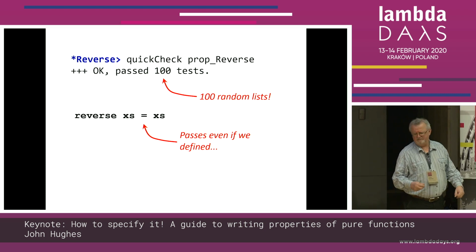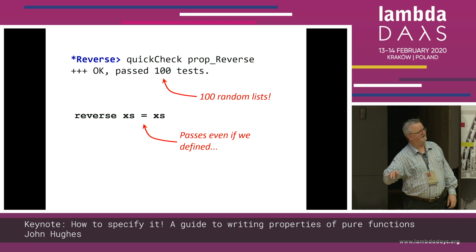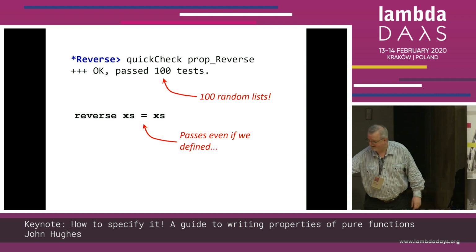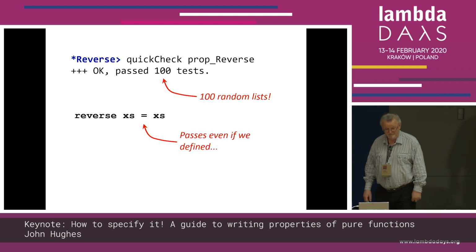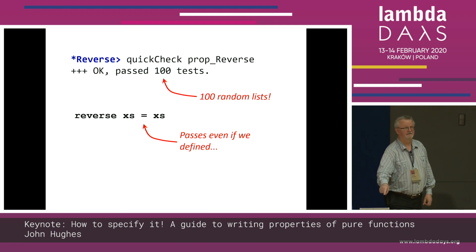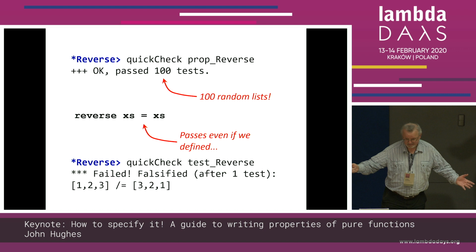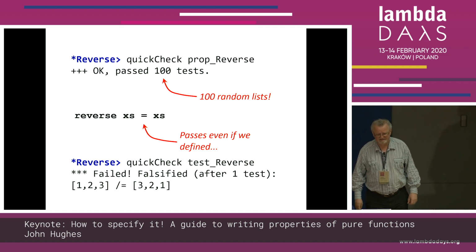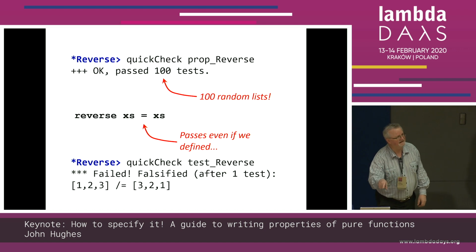Maybe sometimes I just want to put something there to keep the type checker happy and go on, and I'll come back to that later. Well, what if I forgot to do that? This will keep the Haskell type checker happy, but that definition will pass my test, because it's also true.